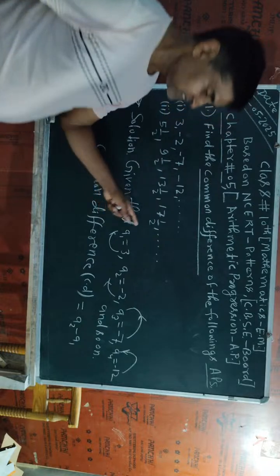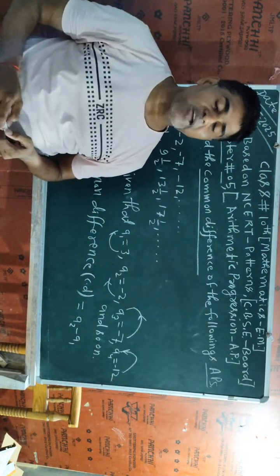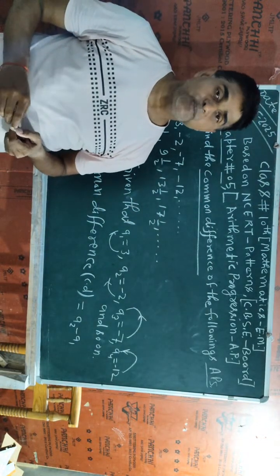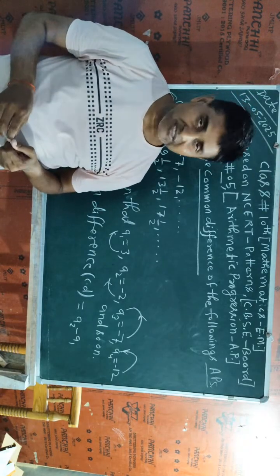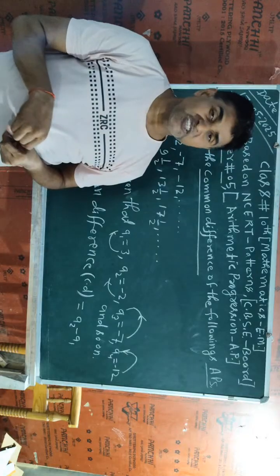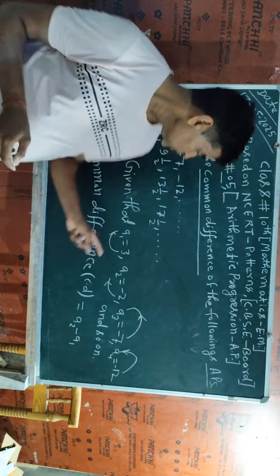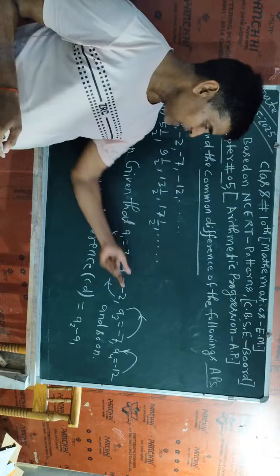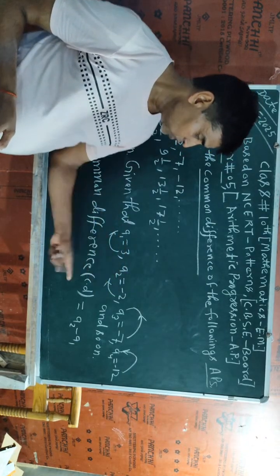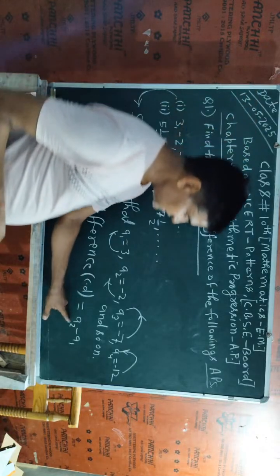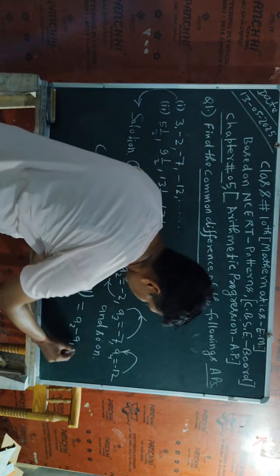Now, as I defined earlier, each and every term can be obtained by adding a fixed number to the preceding number. So the preceding number is 3 and the forward number is -2. So here I will write A2 minus A1, and its value I will obtain.